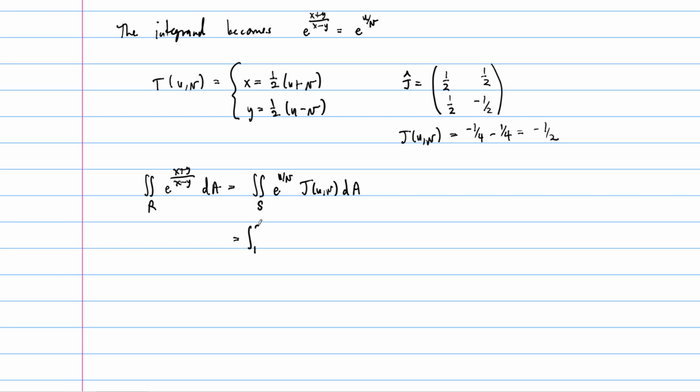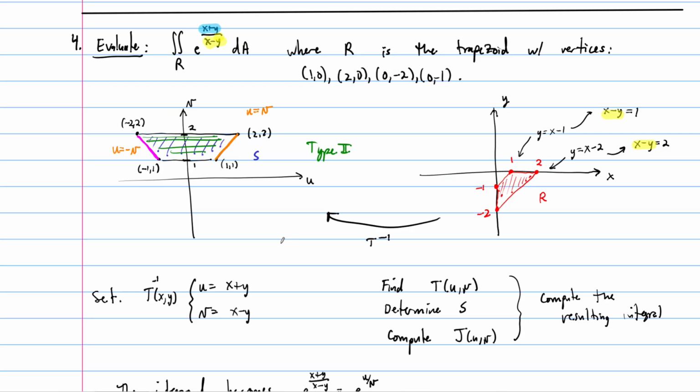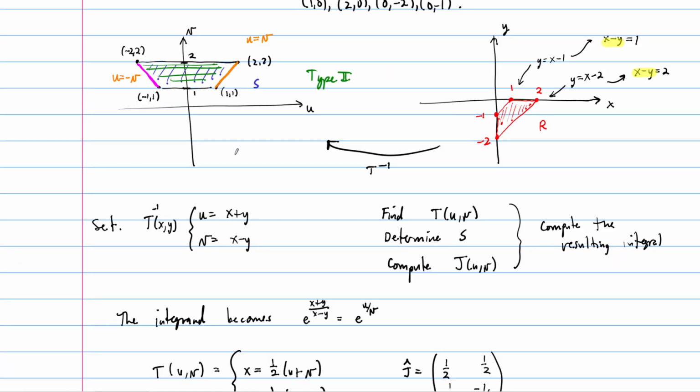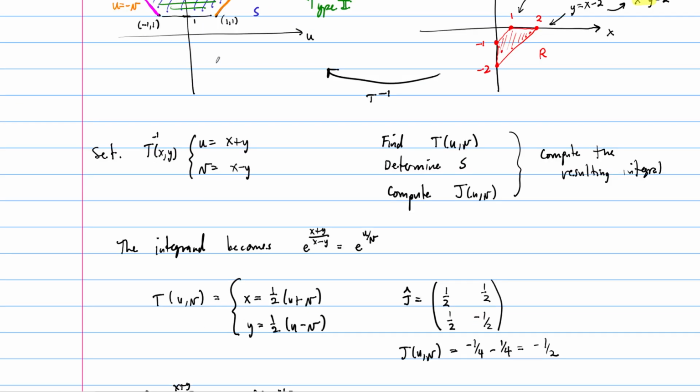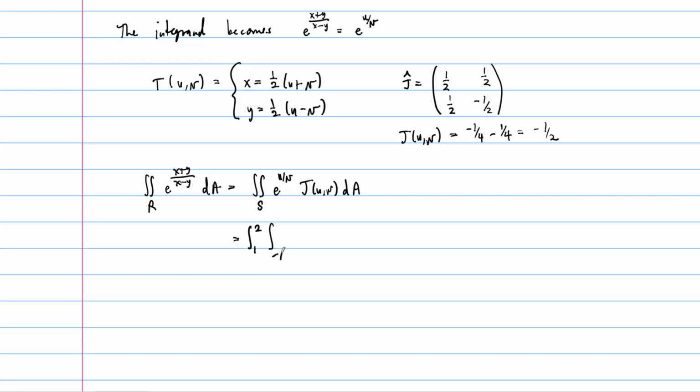And what it ends up being is the integral from 1 to 2 times the integral from minus v to v, right, of e to the u over v times negative 1/2 times du times dv.